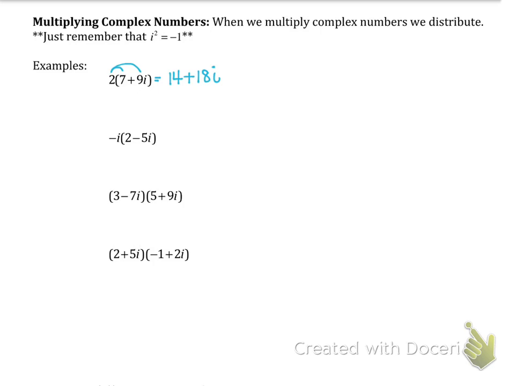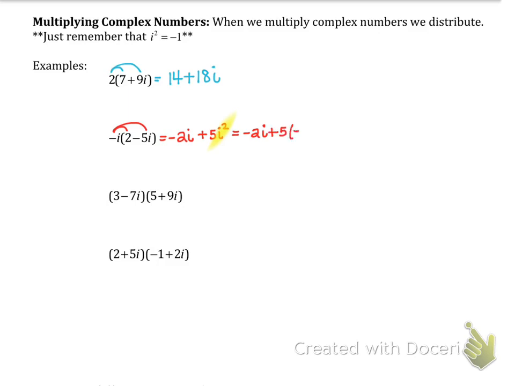The second one we're distributing, but just with I. So we get -2i. The number goes in front as if it was a coefficient in a variable. And then we have -i times -5i. So first off, a negative times a negative is a positive. And then we have 5i squared. But remember, we know that I squared has a numerical value. So that equals -1. So I'm going to write out all my steps here.